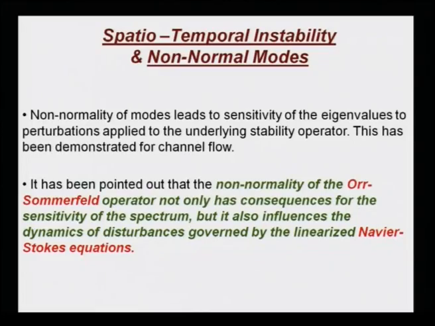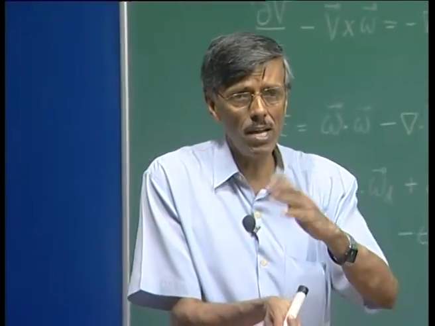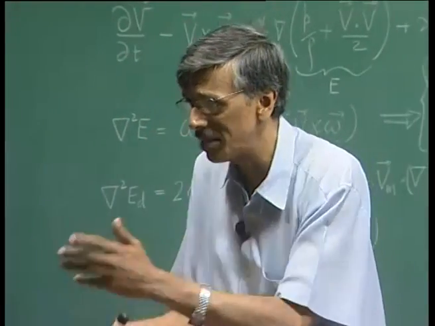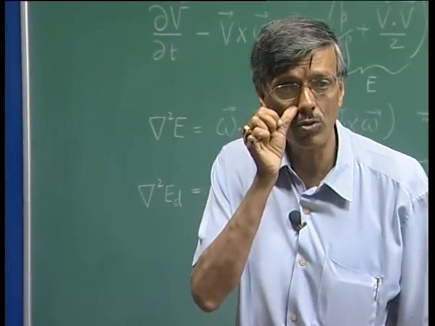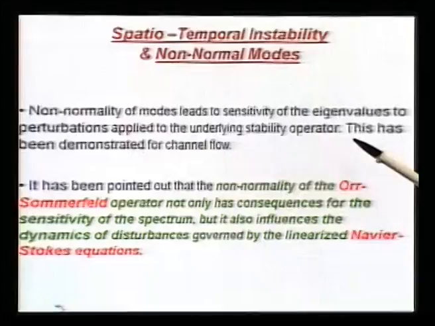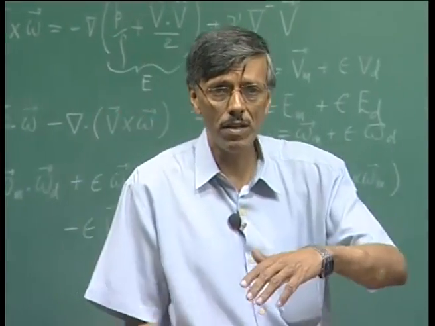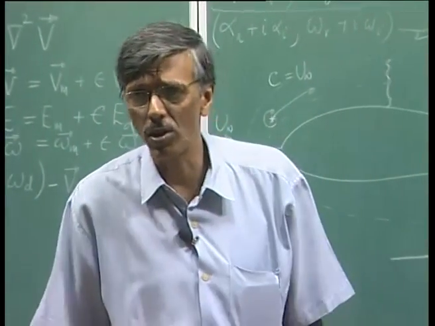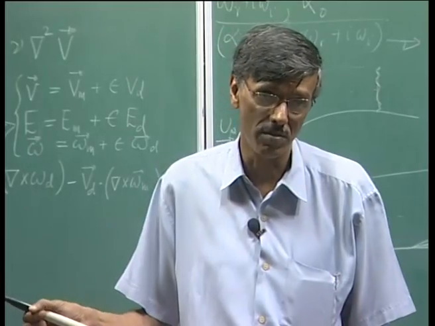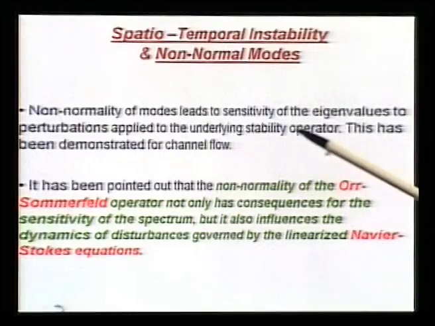So, theoretically you are getting some kind of eigenvalues, etc., but they are so susceptible to background disturbances that you can get a spectacular growth in the presence of disturbance itself. And this has been demonstrated for channel flow.